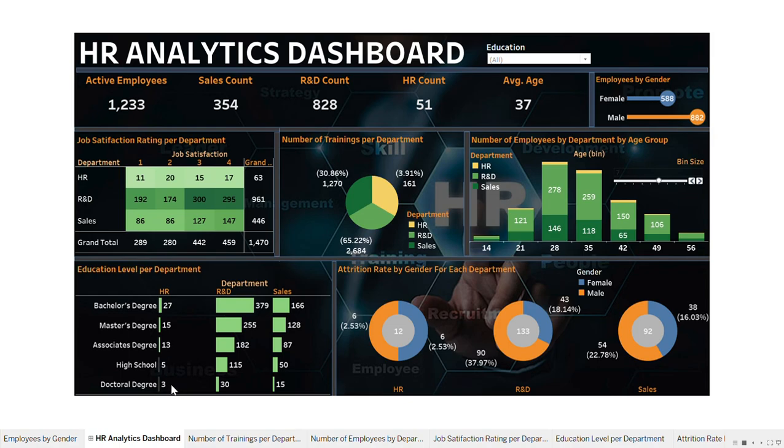You'll be able to see that three in the HR department are doctors, 30 in the R&D department, and 15 in the sales department.